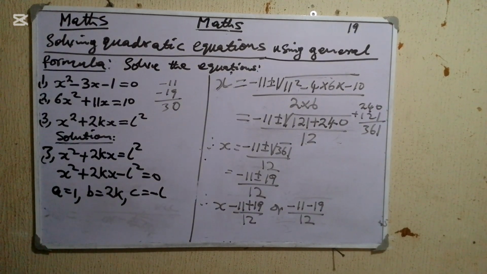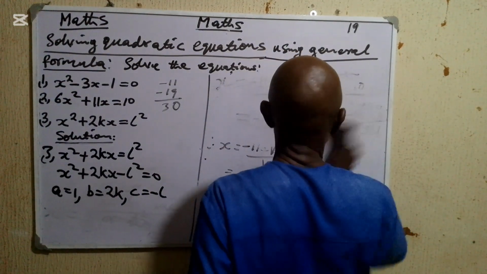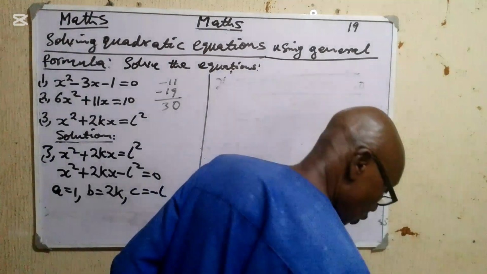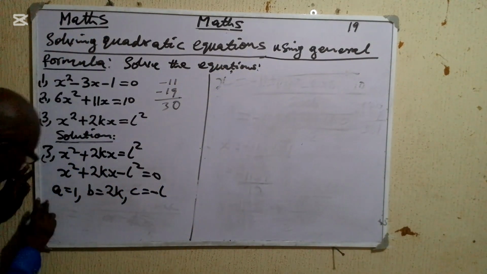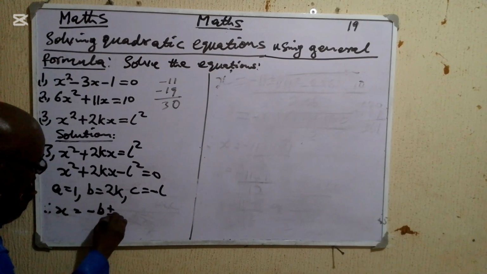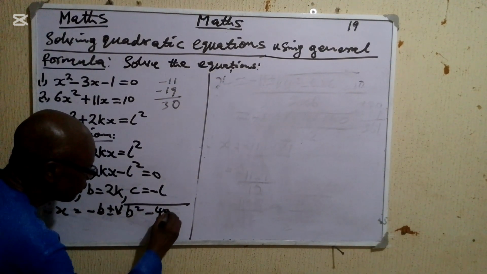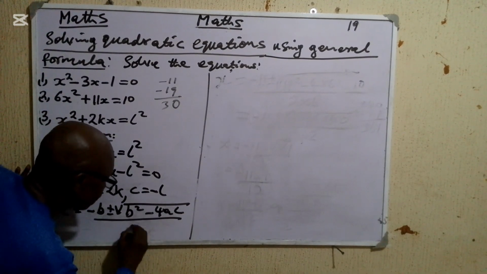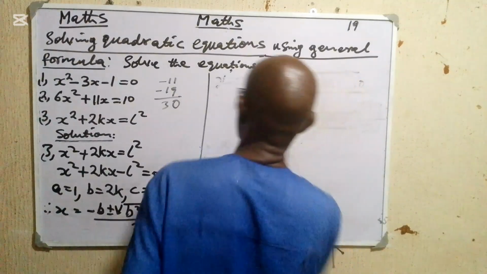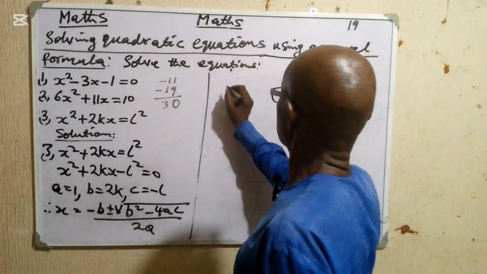And then in continuation, we have to substitute in our formula. We quote our formula and substitute. That is x equal to minus b plus or minus square root of b squared minus 4ac all over 2a. And then we substitute the values wherever we have.